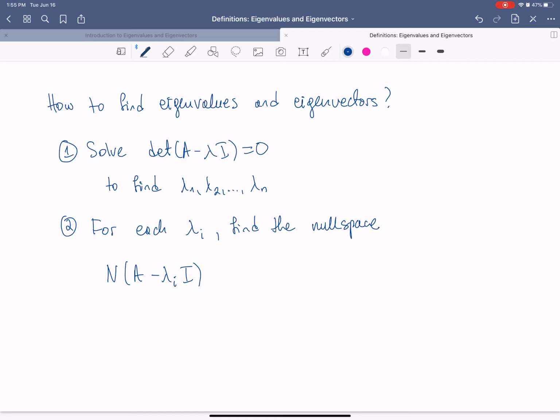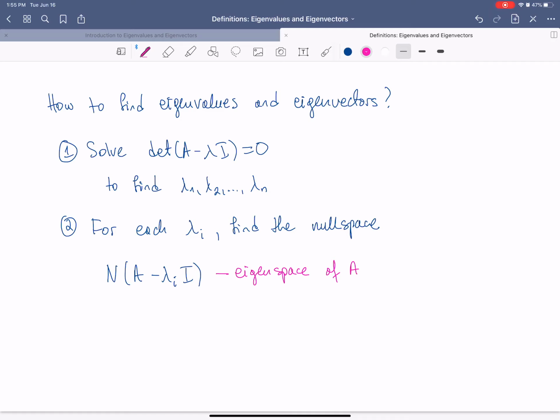So we see that here we actually have an eigenspace. You can refer to this as an eigenspace or subspace of A. It's not the only one, so each lambda gives you an eigenspace.